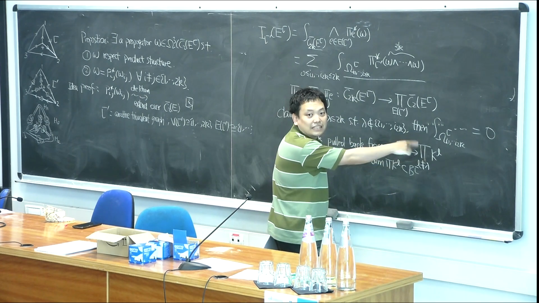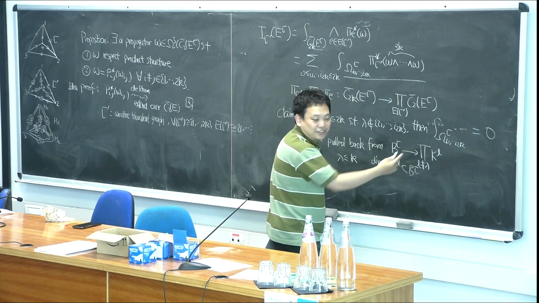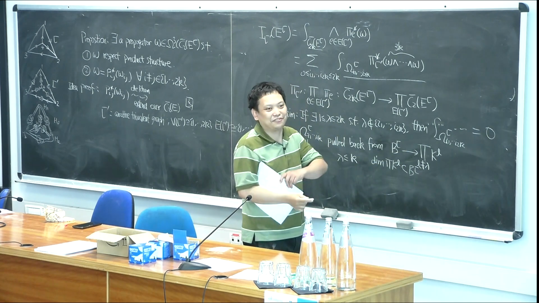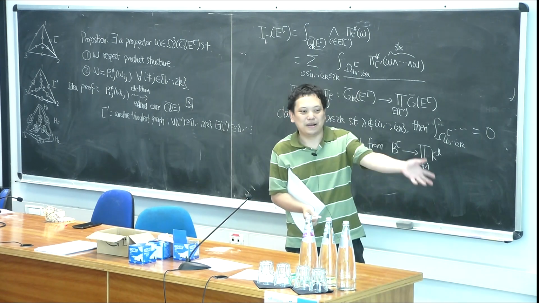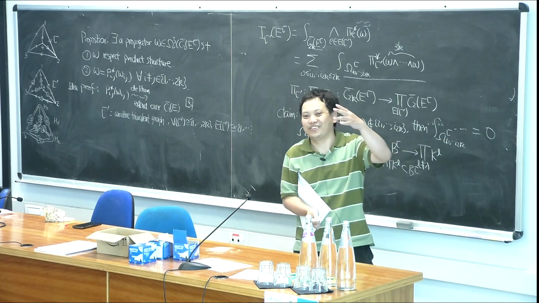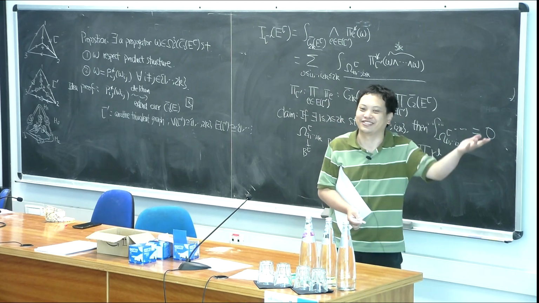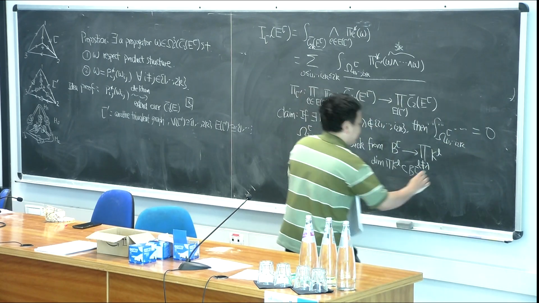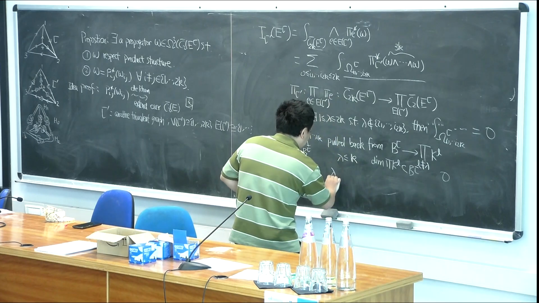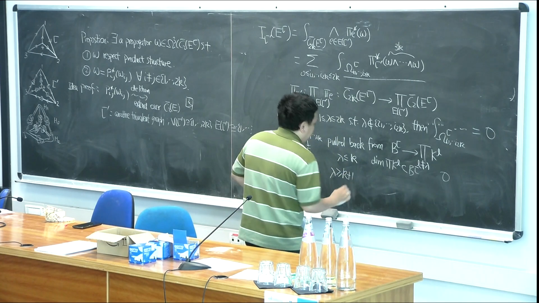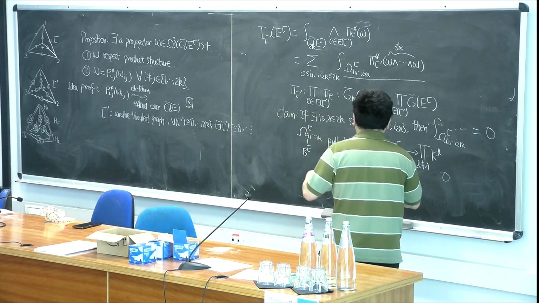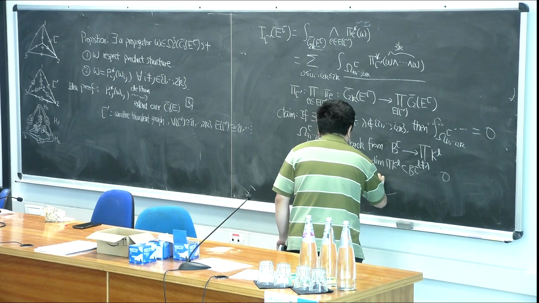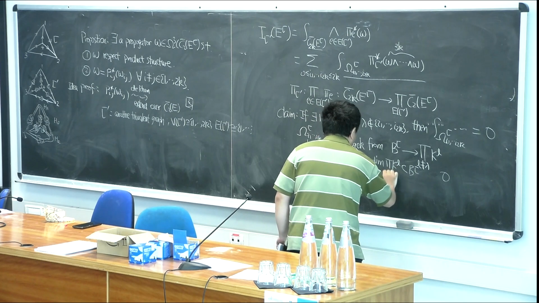Then we are missing some S1 factors. So when you pull back from a low-dimensional manifold to a high-dimensional manifold and do integration, of course, you get 0. So this is 0. And for lambda greater than or equal to k plus 1, in this case, let me just say the different components.